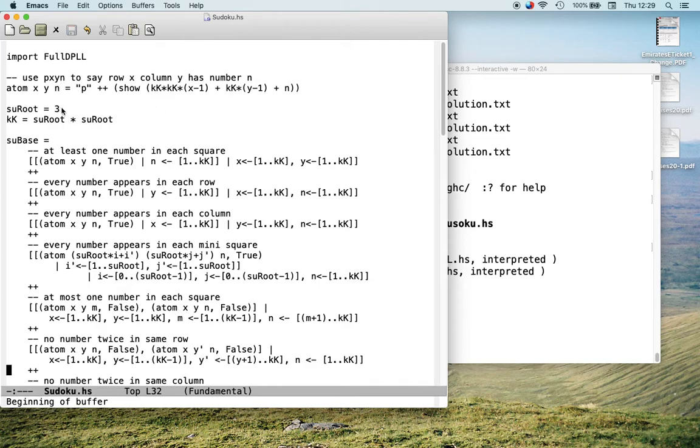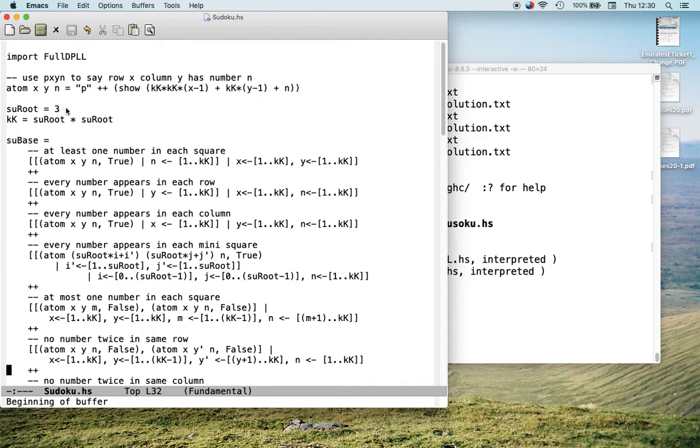And here I set something called the sudoku root, which is the square root of the number of cells we have in a row or in a column. So we were dealing with 4 times 4 sudoku before, so the sudoku root should actually be set to 2.